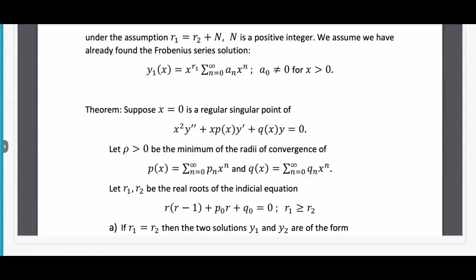Yes, right. If it's an ordinary point, it's just the normal case, and we don't need any of these methods. For a regular singular point, we use those methods: Frobenius methods, the log, non-log.